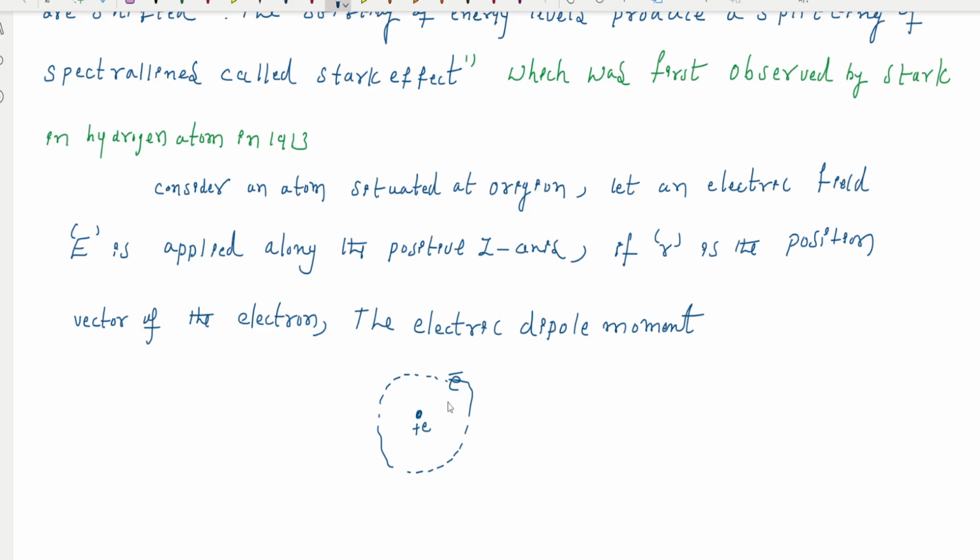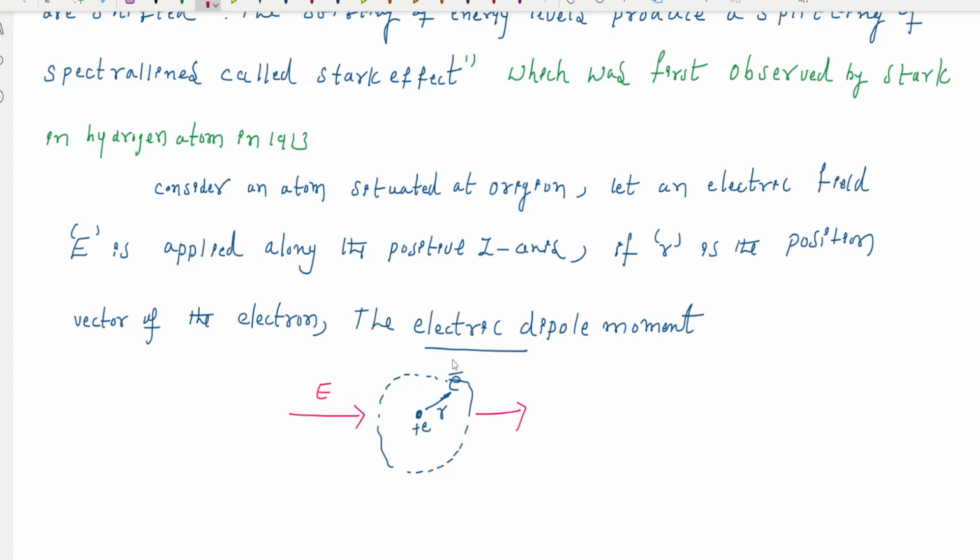From here to here is the position vector of this electron. Now, if you place this atom in an electric field, for example this one is a uniform electric field.